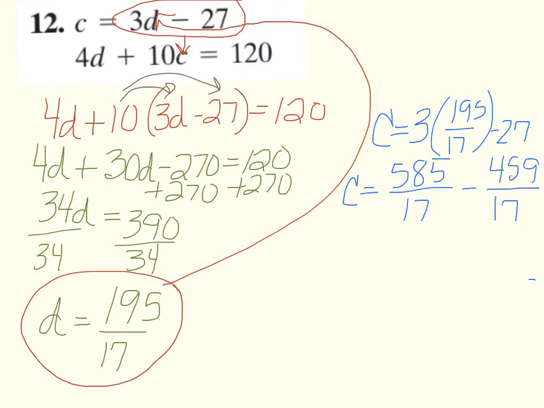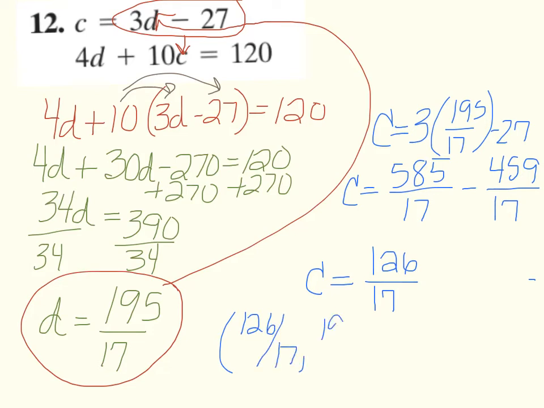Now I'm going to subtract the two of those. So 585 minus 459 is 126. So I have 126 over 17. So that is the solution to this system, 126 over 17 and 195 over 17.